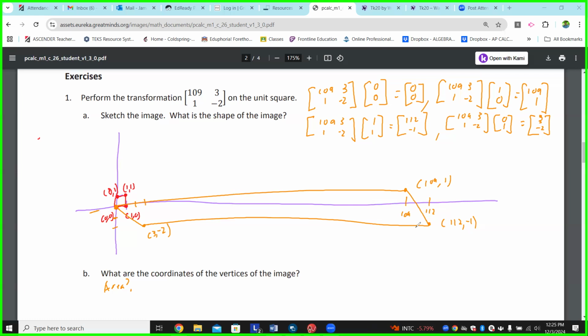The shape of the image is a parallelogram. Correct. But we're on part C, sorry. What is the area of the image? So you take 109.